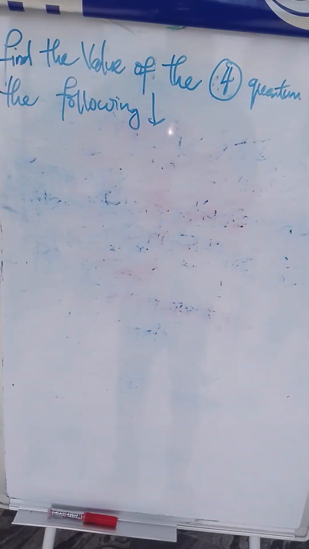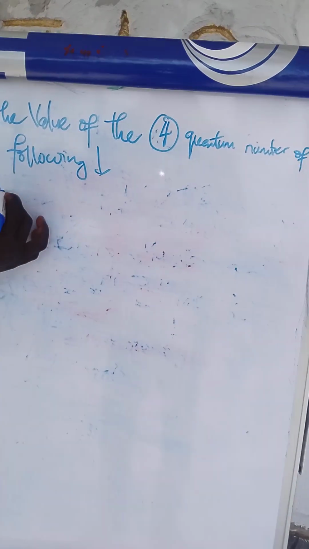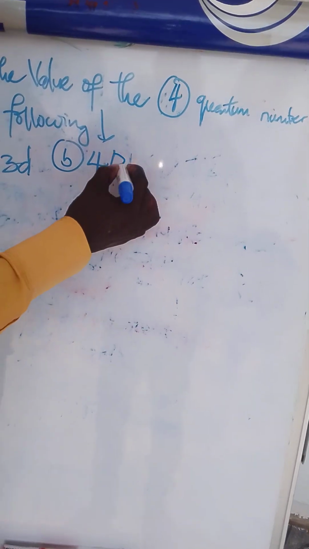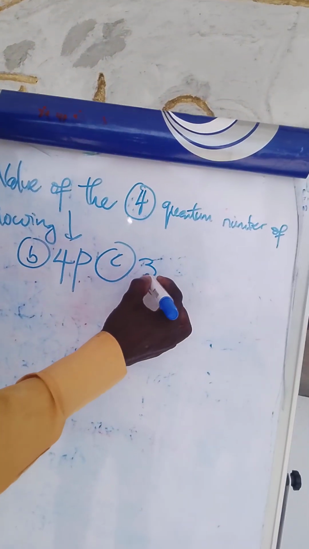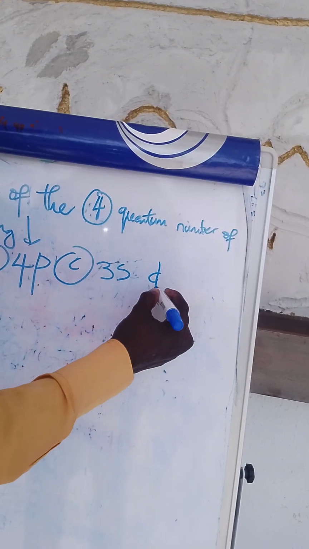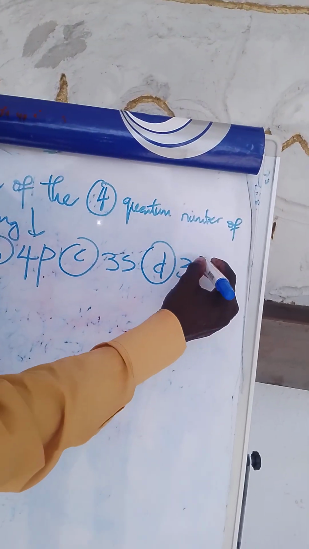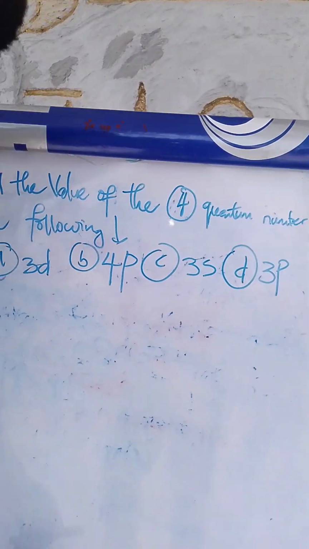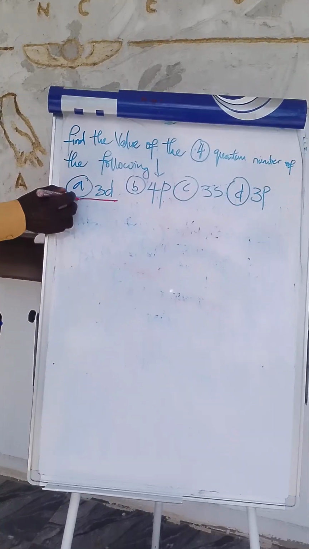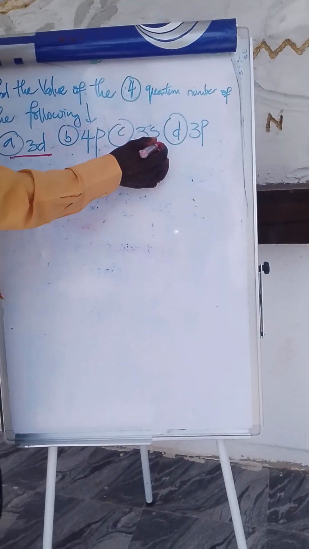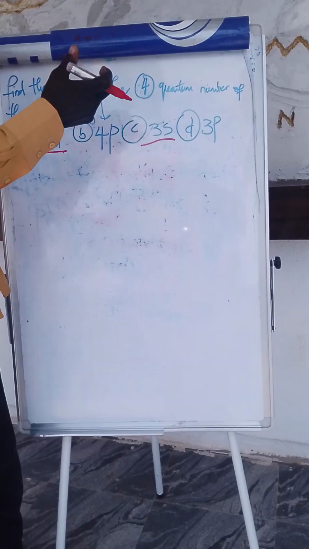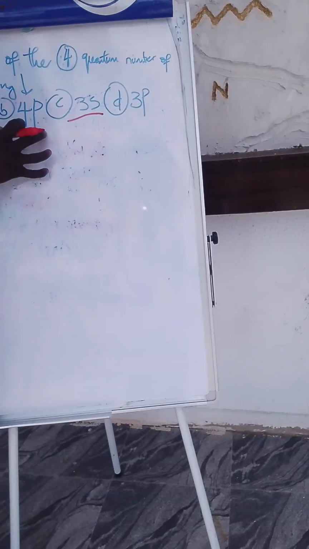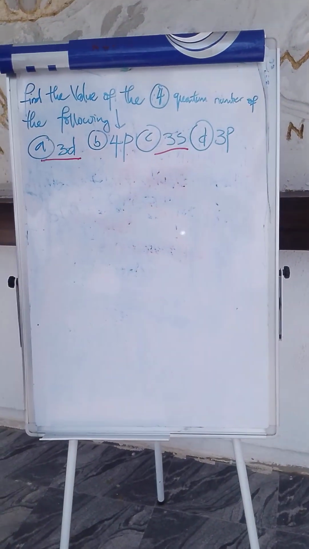Alright, so now let's do for 3D, let's do for 4P, let's do for 3S, and then let's do for 3P. I'll do for 3D and I'll do for 3S. Then you guys will do for 4P and 3P. So you drop your answer in the comment section.